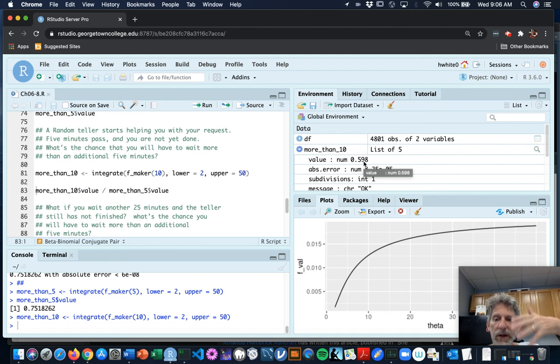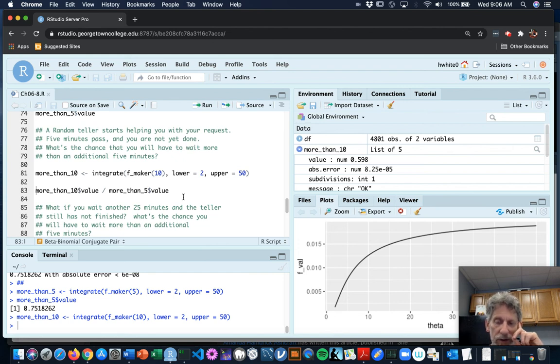This means at the beginning, before you're assigned a teller, you're wondering, what's the chance I have to wait more than 10 minutes? 59.8%. Now we have to find the chance that you wait more than 10 minutes, given that you've already waited more than 5 minutes.